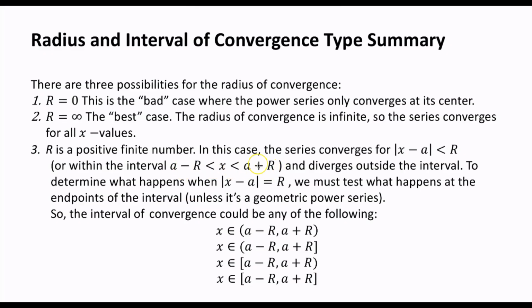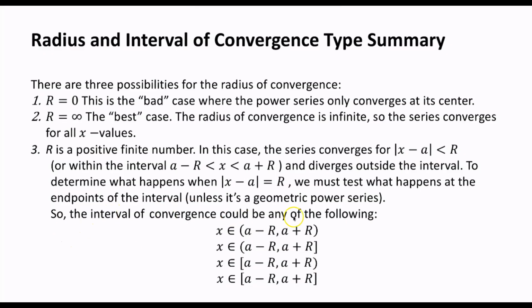So it's going to converge within that interval and diverge outside the interval. To determine what happens when the absolute value of x minus a equals r, those are the endpoints being created, we must test what happens at the endpoints of the interval. Unless it's a geometric power series, then we don't have to test the endpoints. They are just not included.